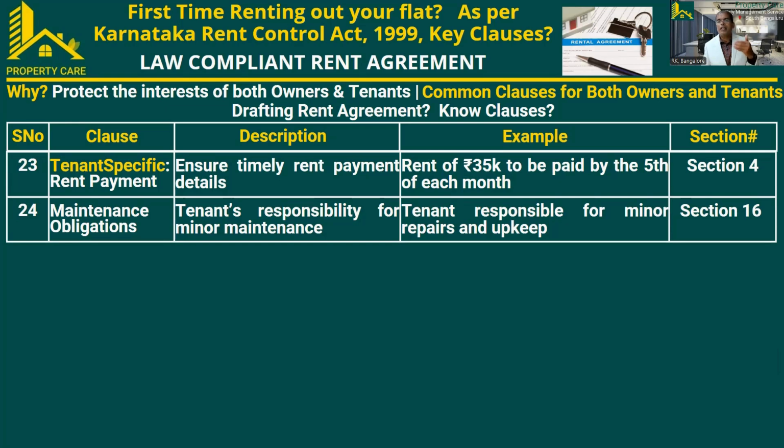The water gets dried every 6 months because of their use. Those things should not go to the owner, asking him to send a person. Inside the apartment, there is an electrician who can help. Or raise a ticket with something like Urban Company, and an electrician will come and solve it. Those smaller things, minor repairs to maintain the property, lie with the tenant. This is as per section 16.